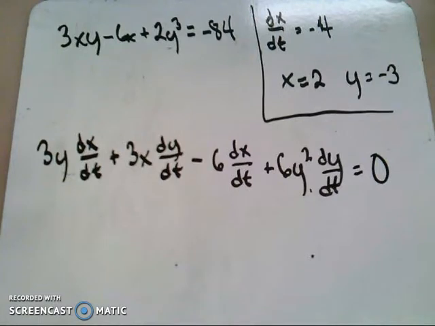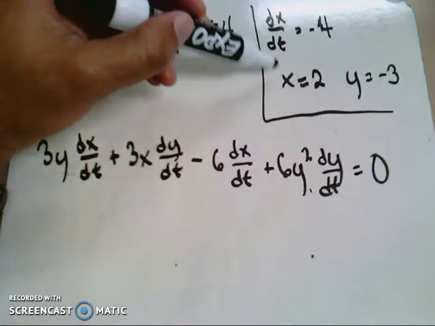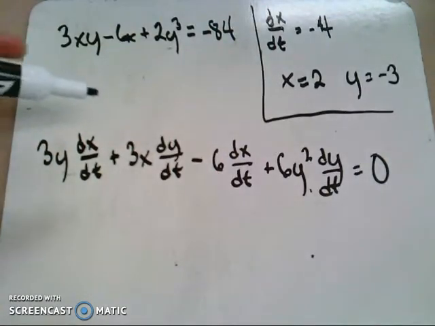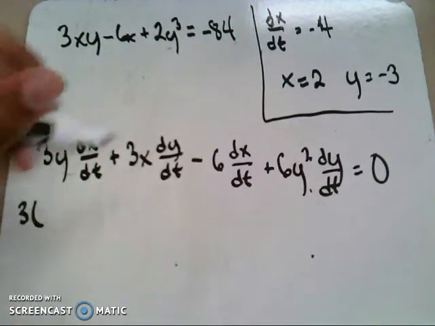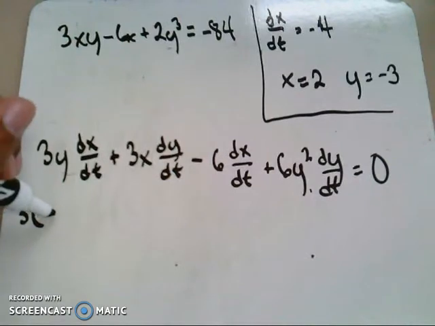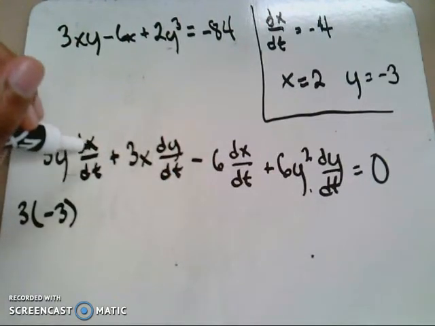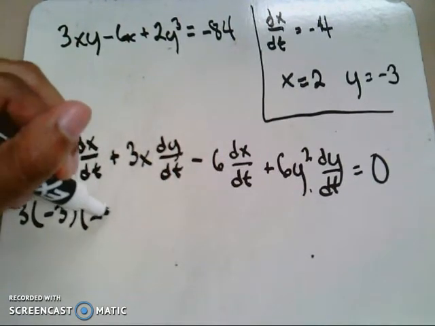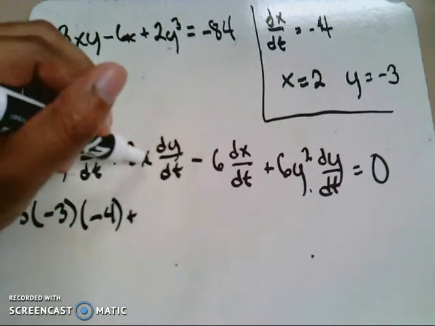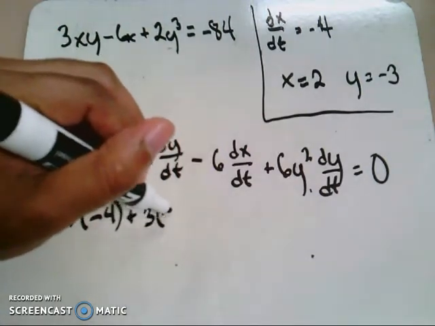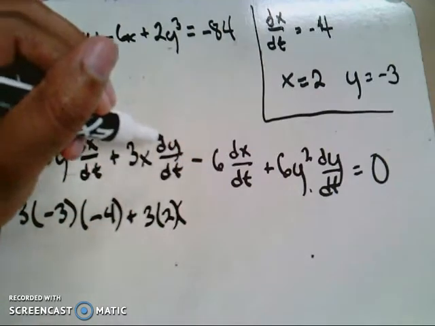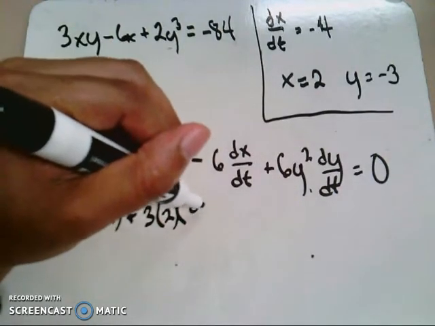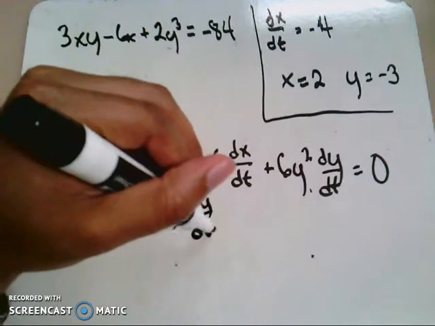So now that we have our derivative, we're going to substitute these values into the equation. So y is negative 3, dx/dt is negative 4, x is 2, and dy/dt is the value that we're looking for, so that's still an unknown.